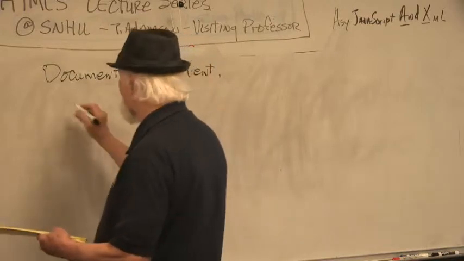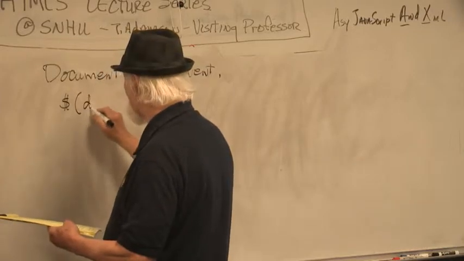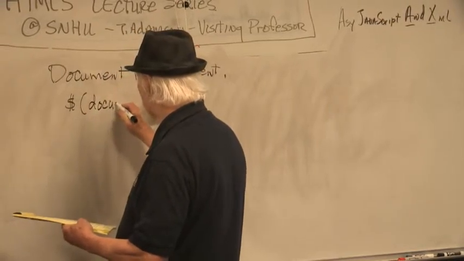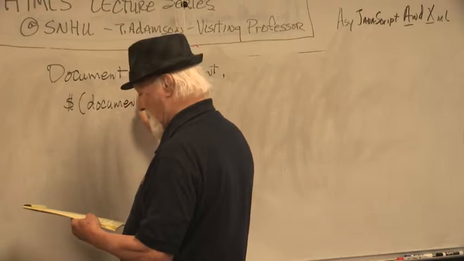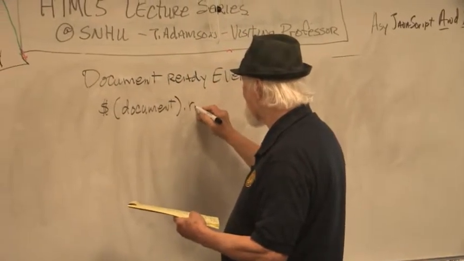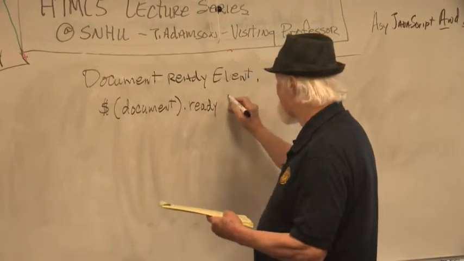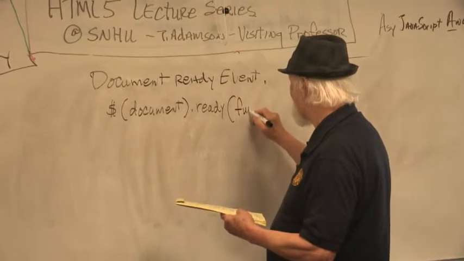Basically what it looks like is this. It's a jQuery, and in here, the element I'm looking at is the whole document. And the action I want is for it to be ready. And what I want inside here is a function.